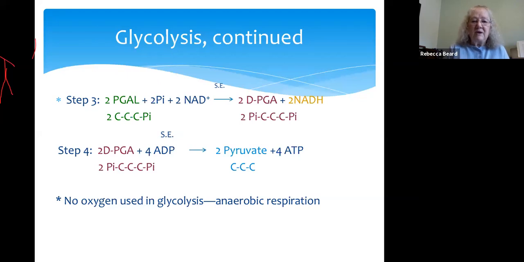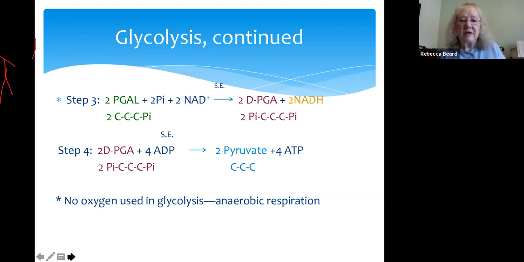Now notice we haven't used any oxygen. This is what we call anaerobic respiration, because we are able to produce some ATP through that. Okay?